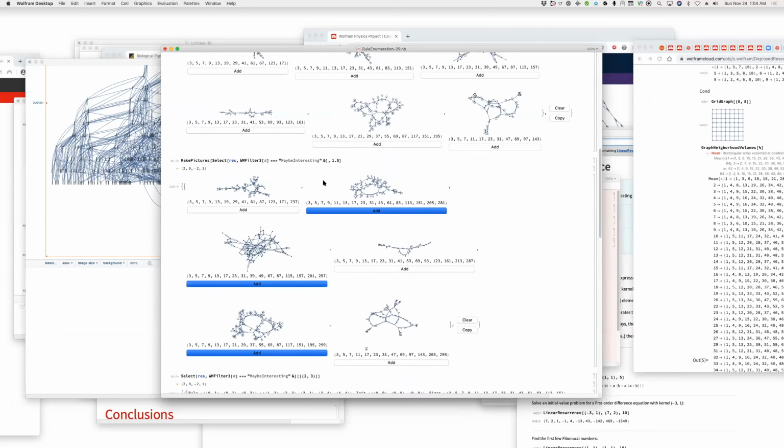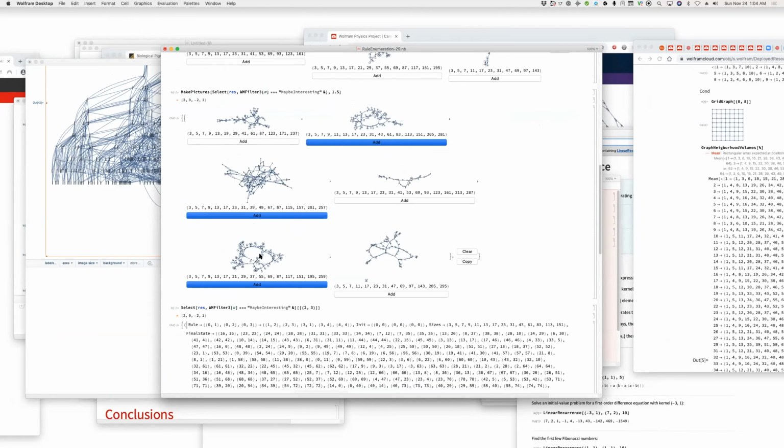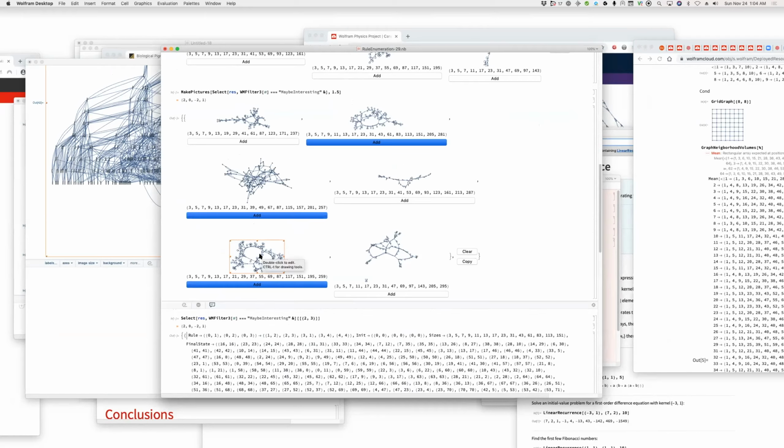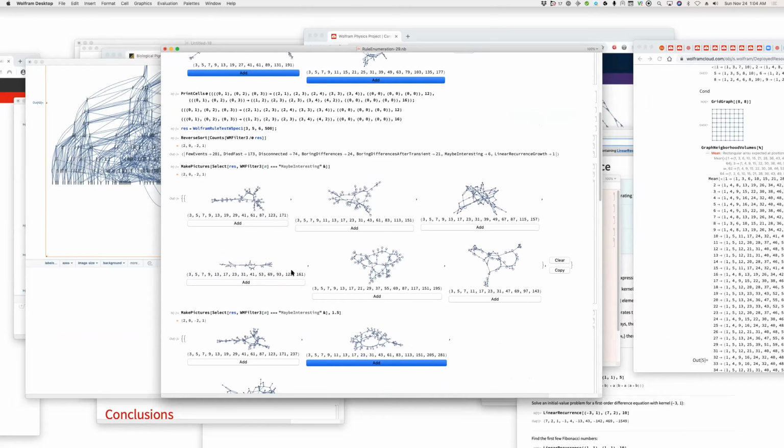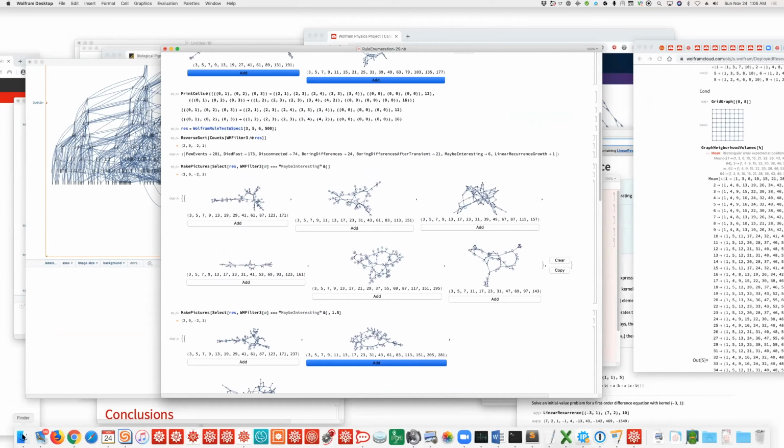I just want to look at one of these other ones and see whether it also does anything interesting. What was this one? That one was the 2-1 whatever it is one, right?